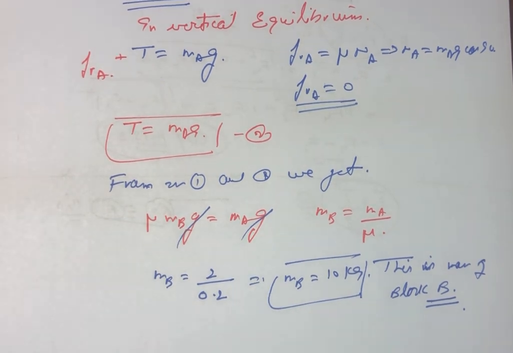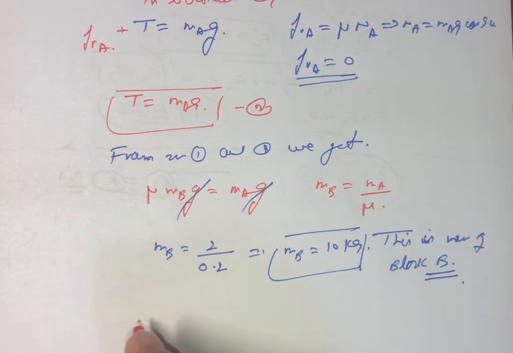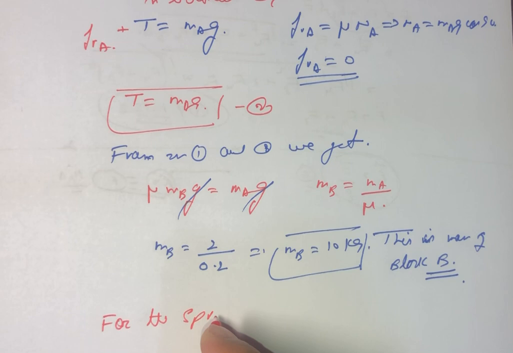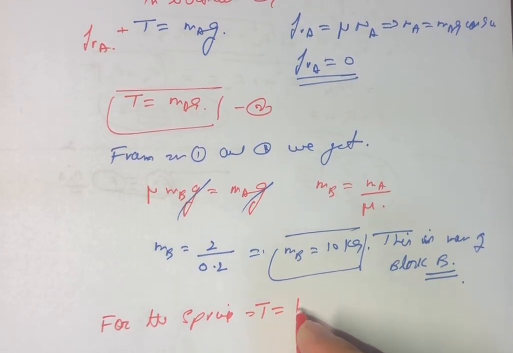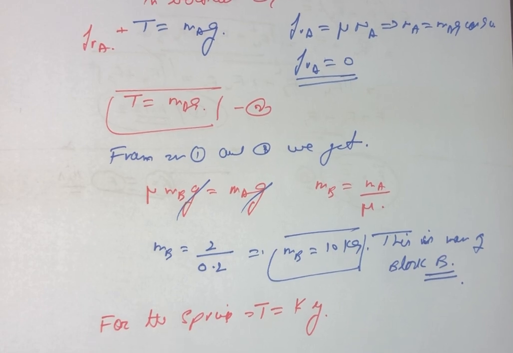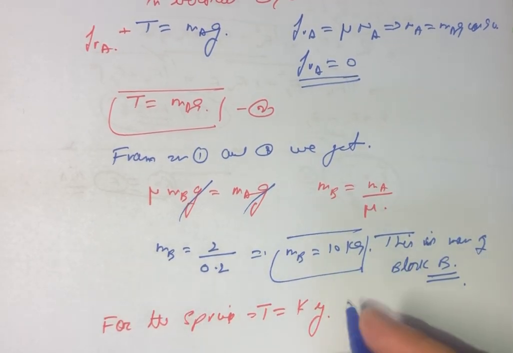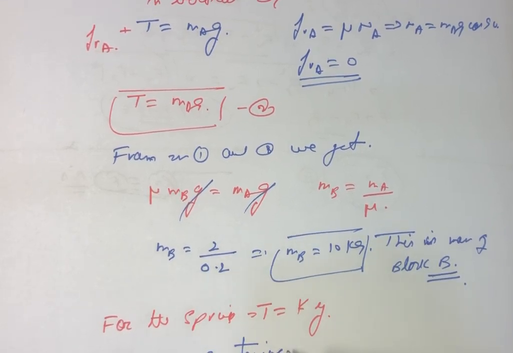The second part, we are supposed to find the energy stored in the spring. So we can write, for the spring, tension T will be equal to K multiplied by Y, where Y is the extension in the spring.